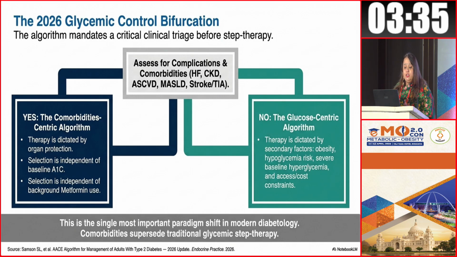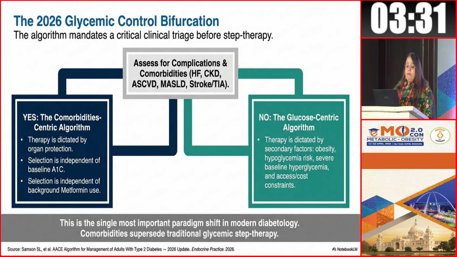Now the glycemic control bifurcation is also important, and the algorithm mandates a critical clinical triage before step therapy, definitely assess for comorbidities and complications. And yes, if you have the comorbidity-centric algorithm, then you decide based on which comorbidity is prominent or exists, you can decide what is important and go that way.